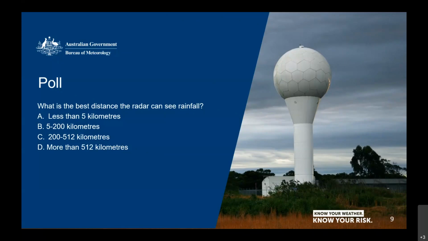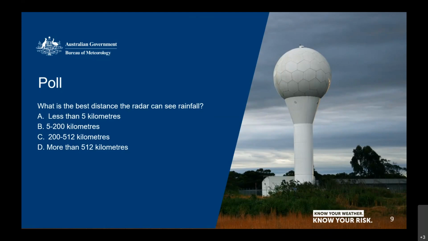So unfortunately, there is the issue that some of that energy will be lost going through that first shower of rain, and that's through either scattering of that energy or absorption of that energy. So when we are looking at images where the beam has travelled through a first band of rain, we do need to take that into consideration, that there will be less energy actually reaching that second band of rain.